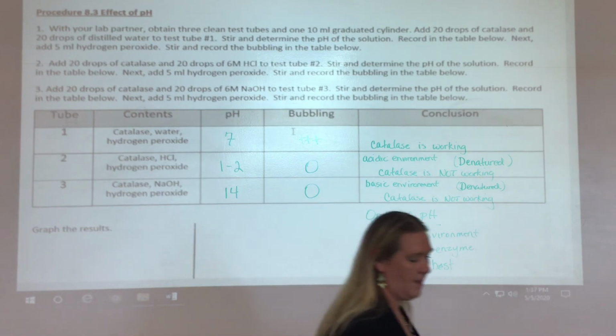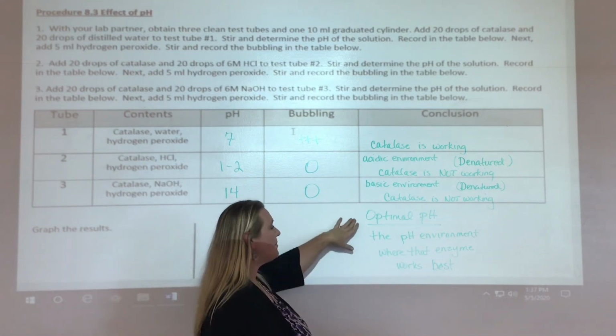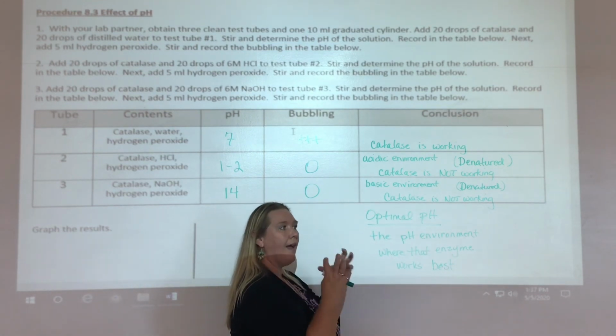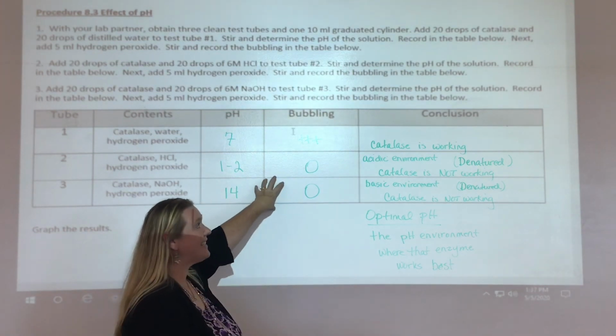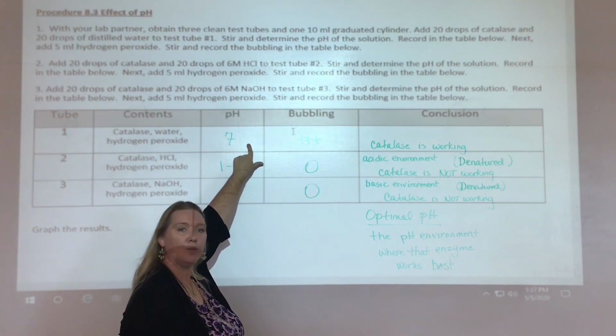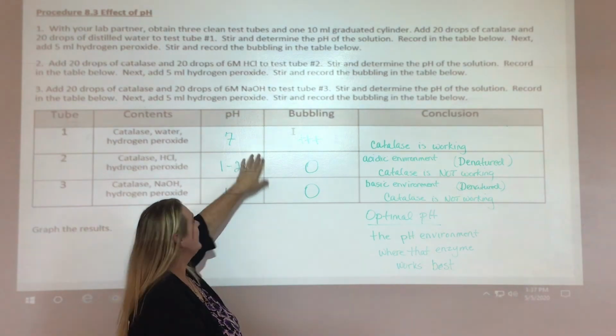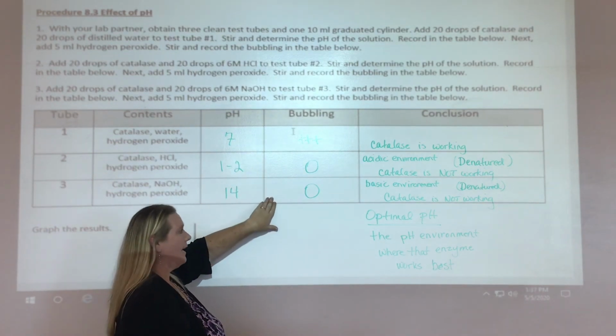I'm almost done now. Okay, so optimal pH, wherever that pH is, and based on our data, catalase likes it close to 7, close to neutral. It doesn't like it acidic, and it doesn't like it basic.